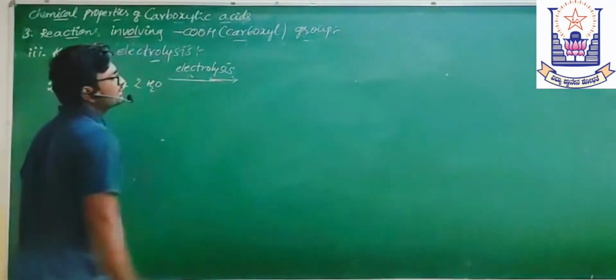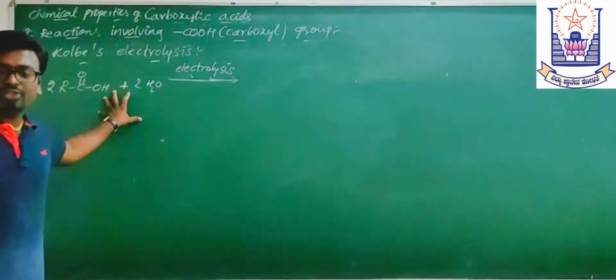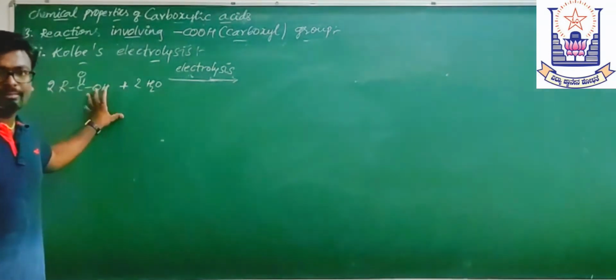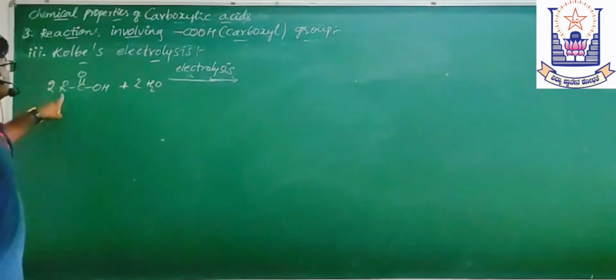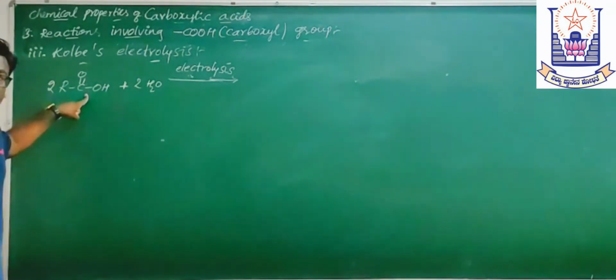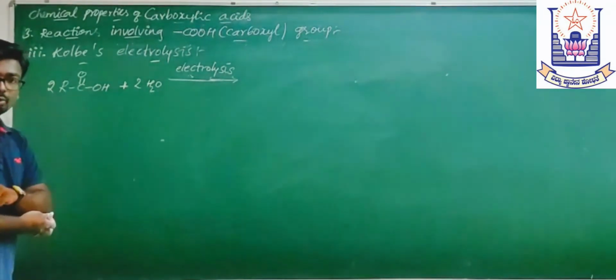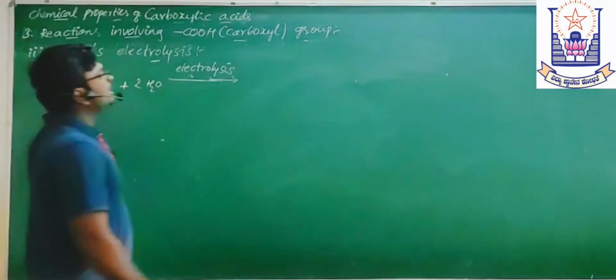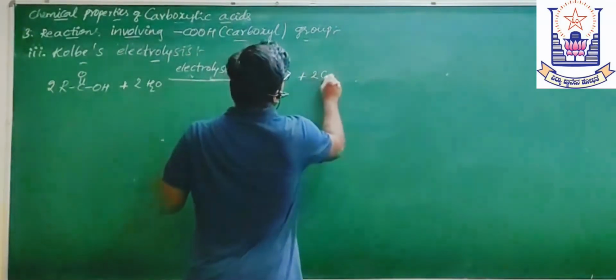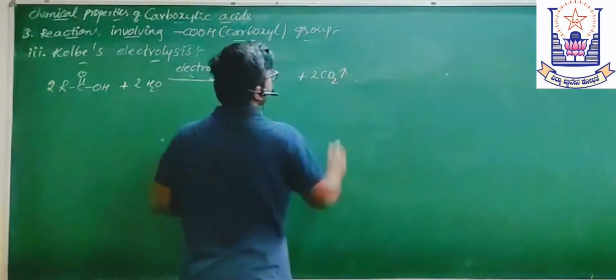Upon passing electricity to this solution, aqueous medium, what happens? This carboxyl group will come out as CO2, carbon dioxide. How many carboxyl groups are there? 2, no? So you will get 2 CO2 coming out.